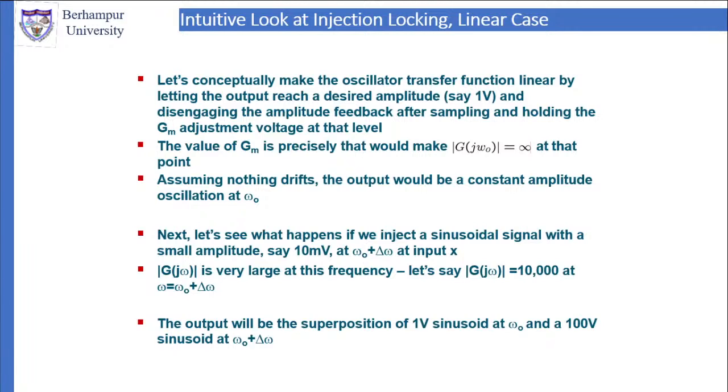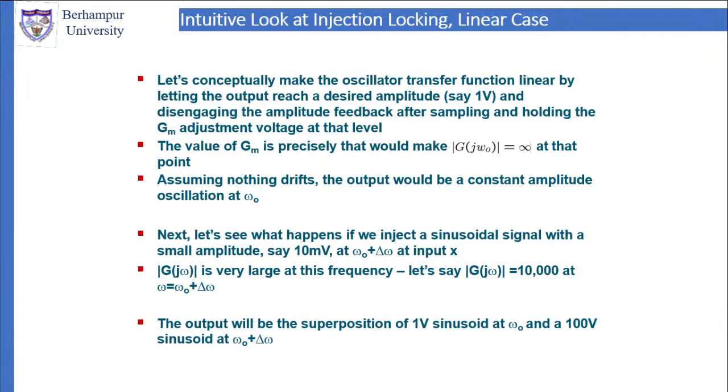Next, let us see what happens if you inject a sinusoidal signal with a small amplitude, say 10 millivolt, at omega 0 plus delta omega. Then the magnitude of G is very large at this frequency.